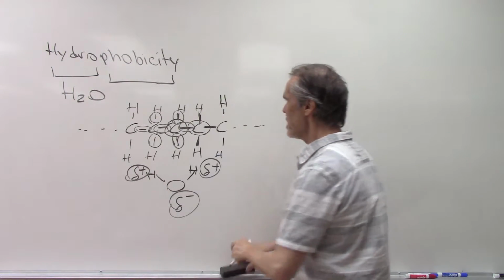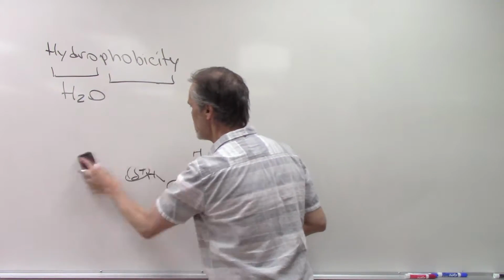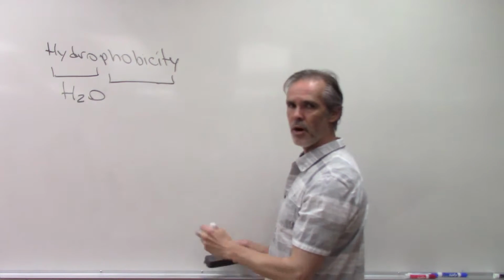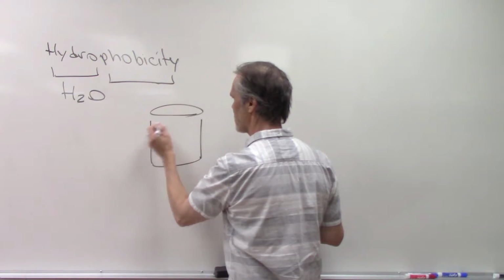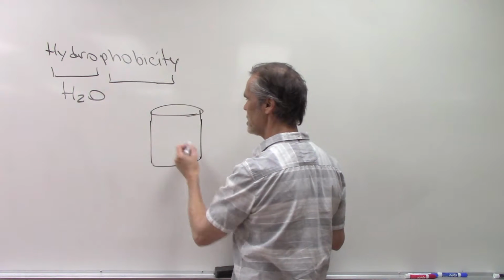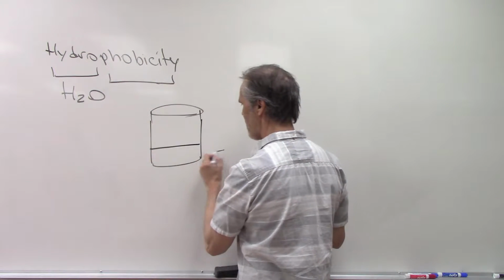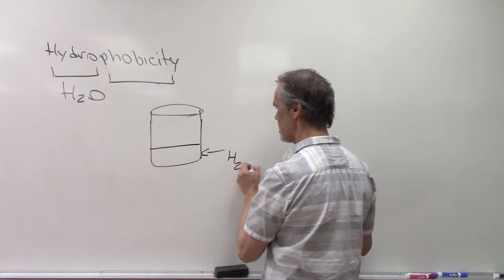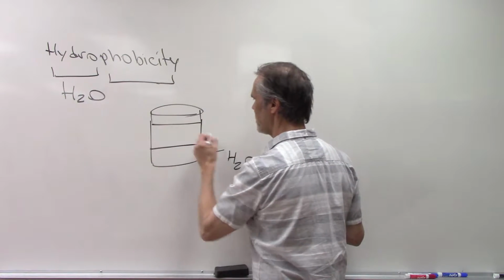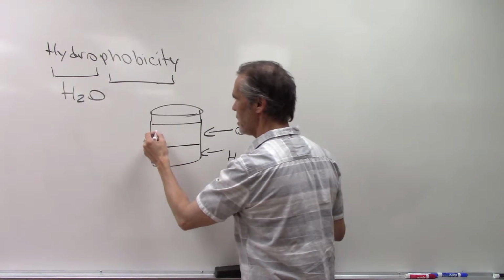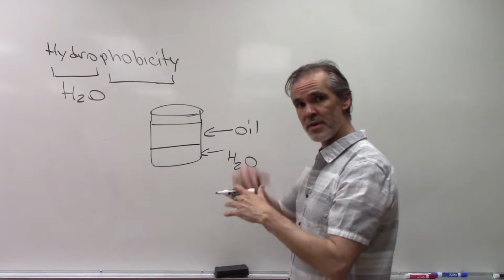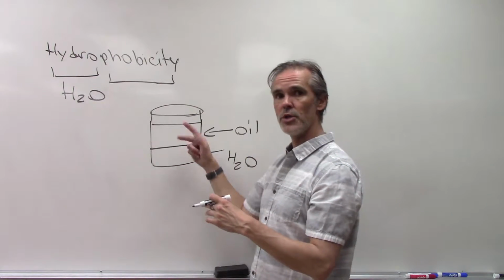In a beaker, at the bottom I might have my vinegar, which is basically water, and on top of it I will have my oil, and the oil is going to separate and float on top of the water.